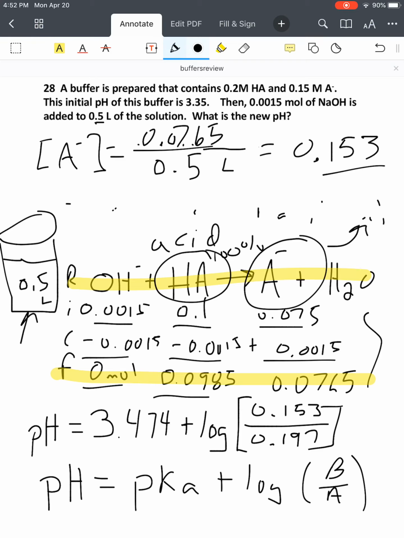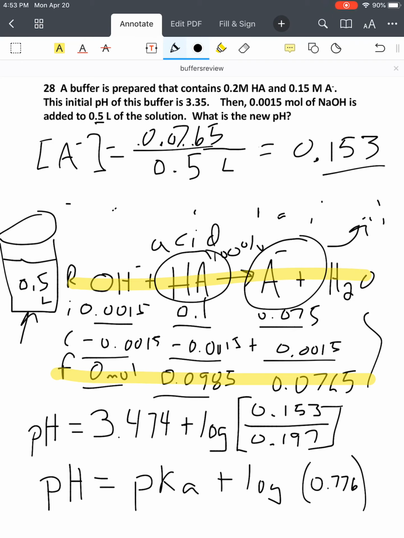0.153. And now we can start doing the math. So I take that 0.153, I divide it by 0.197, and when I do that, this ratio becomes 0.776. Okay.